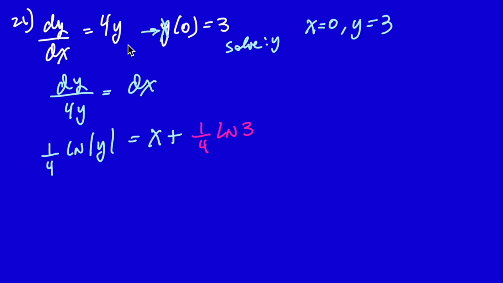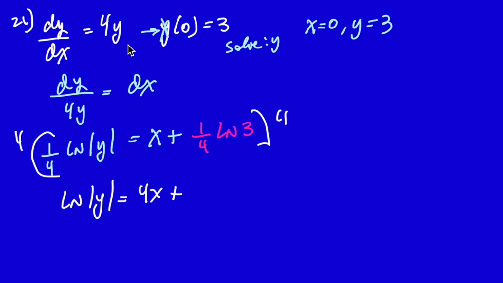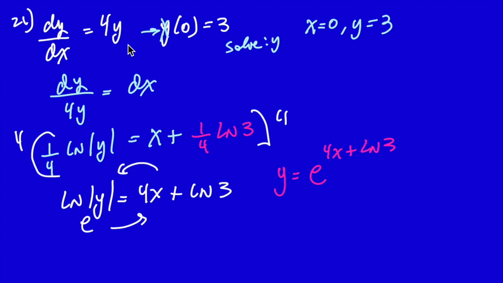Now we're going to multiply through by 4 on both sides, and that's going to yield that the ln of the absolute value of y equals 4x plus ln of 3. We're going to go ahead and do whirlybird, and we're going to end up over here in pink that y equals e to the 4x plus ln of 3, everything in the exponent.